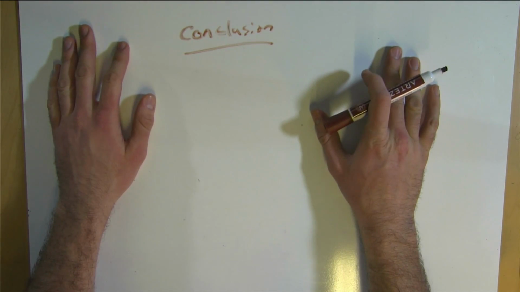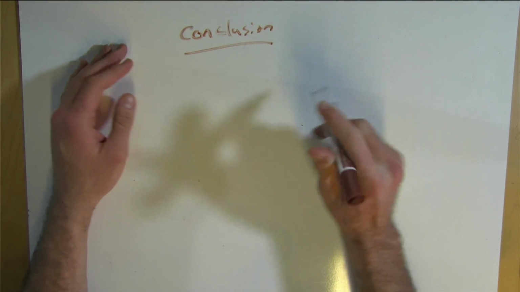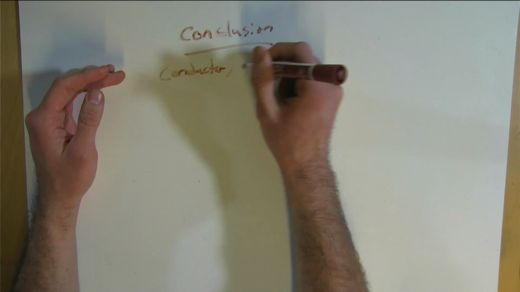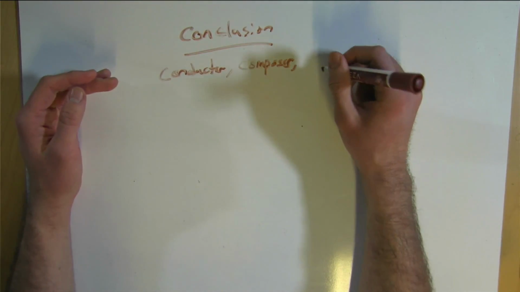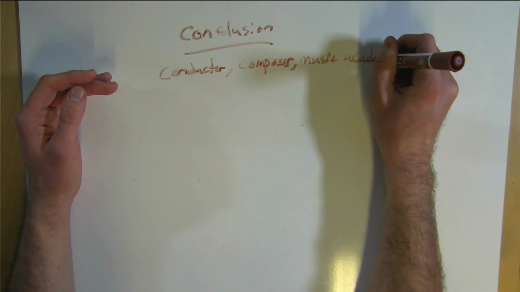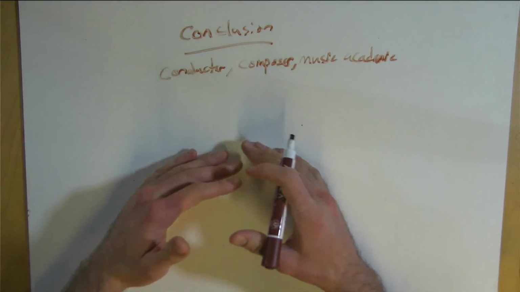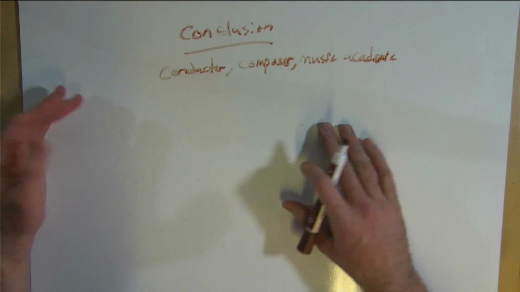So, in conclusion, what's the point? What's the purpose of this? Well, if you're a conductor or a composer or a music academic or anybody who is looking at a whole total big score, and trying to figure out what the heck is going on, you definitely want to be able to transpose stuff.